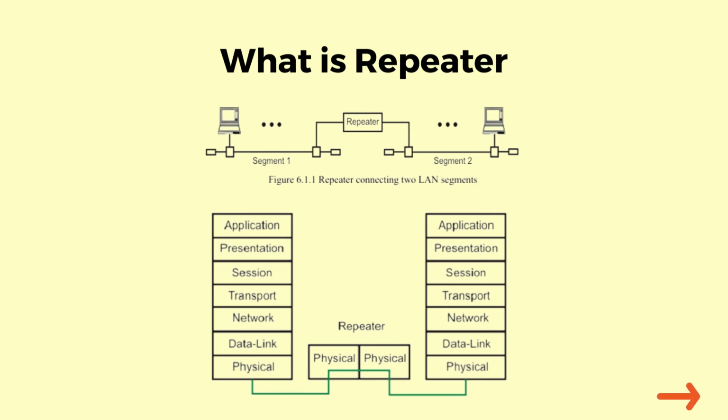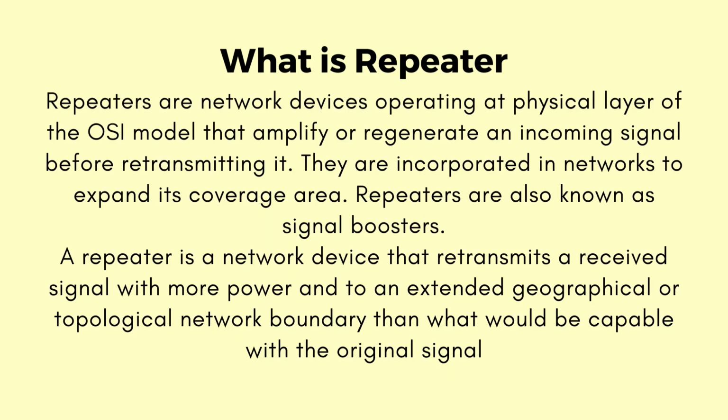What is repeater? Repeaters are network devices operating at physical layer of the OSI model that amplify or regenerate an incoming signal before retransmitting it. They are incorporated in networks to expand its coverage area.